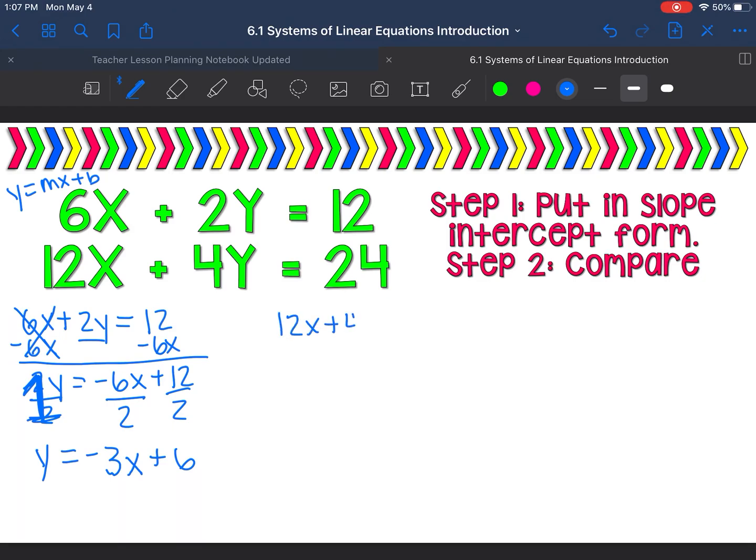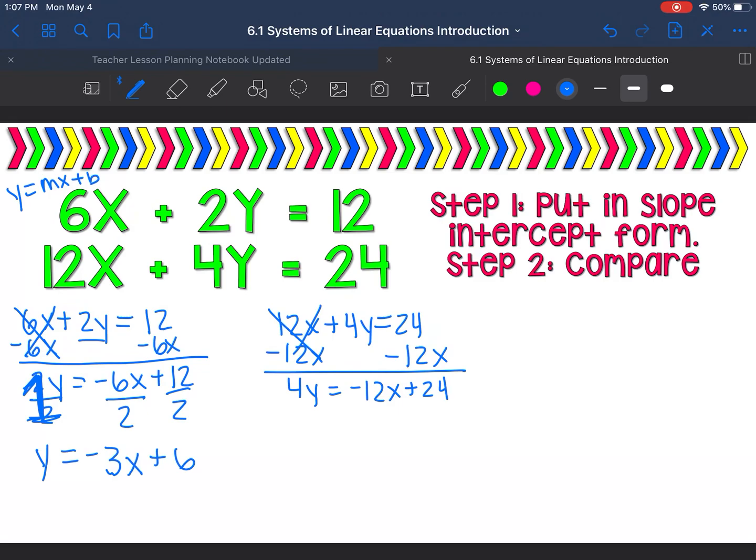So that's 12x plus 4y equals 24. Remember, when you're solving these and putting these in slope-intercept form, you need that y by itself. So this 12x is hindering me having y by itself, so I'm going to subtract 12x. That cancels out, and that leaves me with 4y equals negative 12x plus 24.